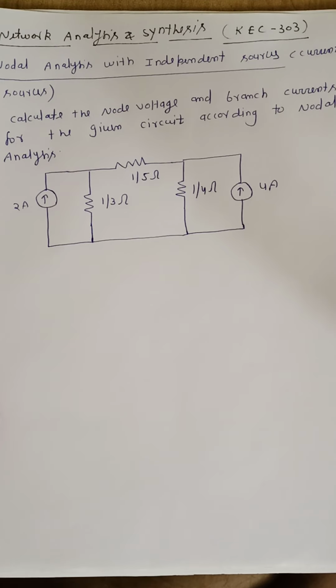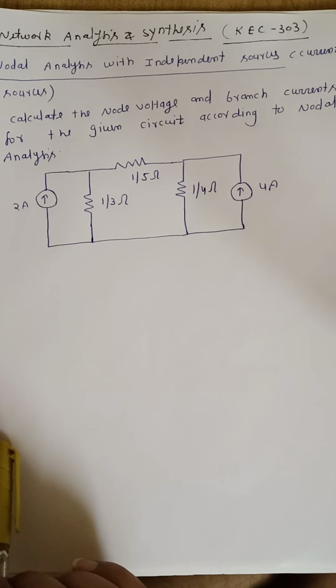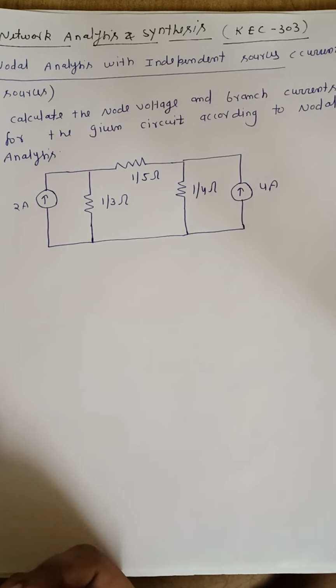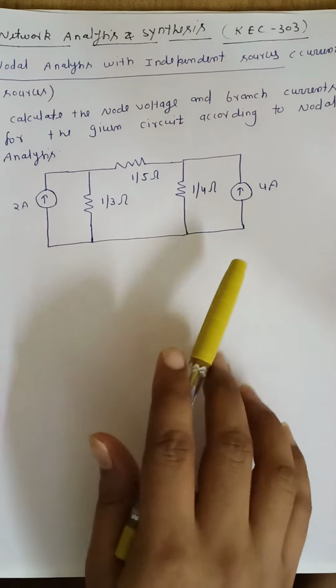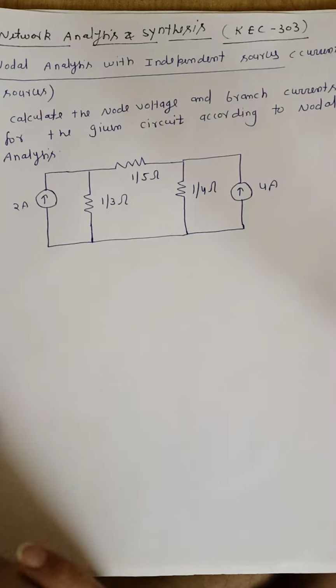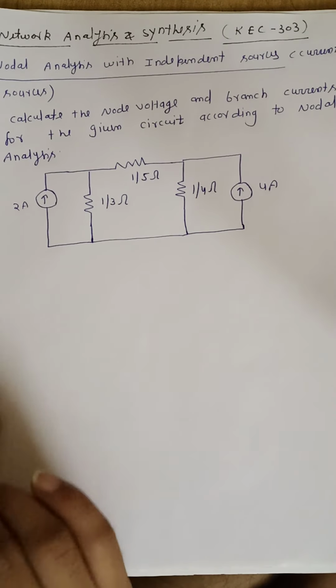In 12th class or in BTech first year in electrical engineering, all of you have seen the representation for a voltage source, a current source, an independent current source, an independent voltage source, and also a dependent current source and dependent voltage source. But according to the diagram, we have two current sources, and both are independent current sources.